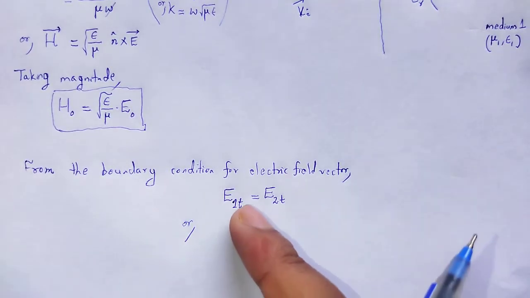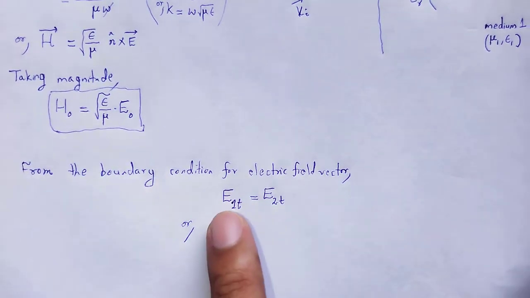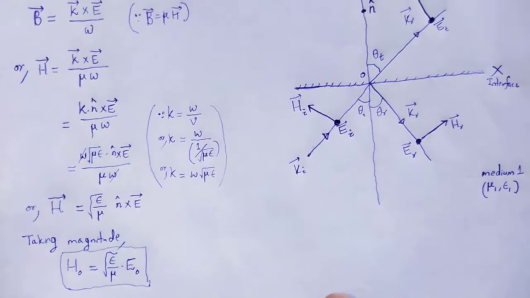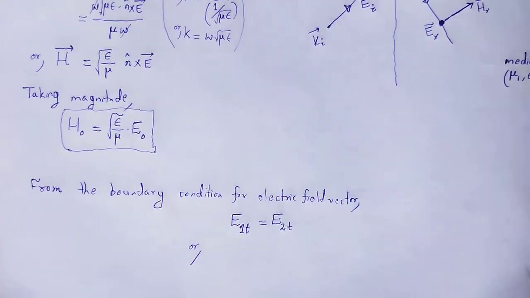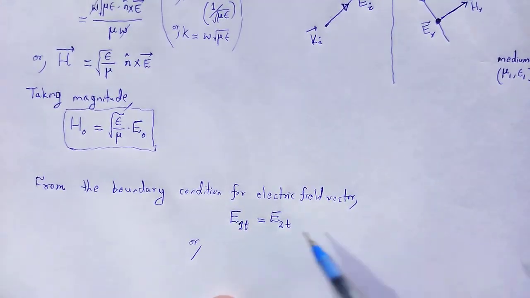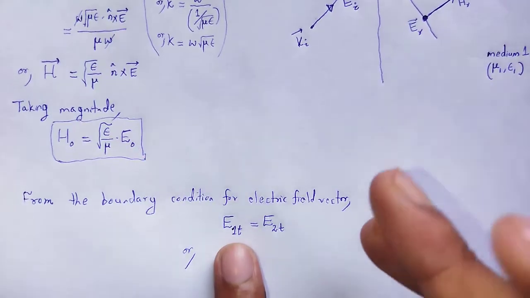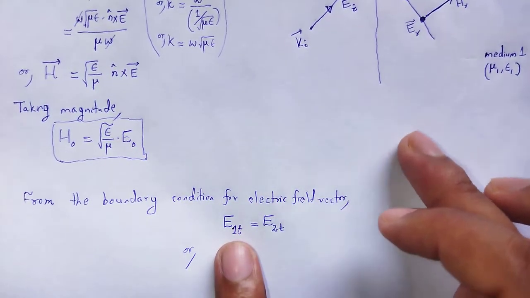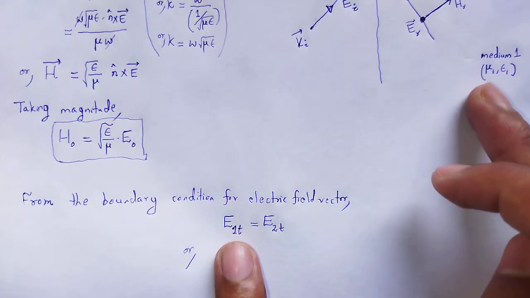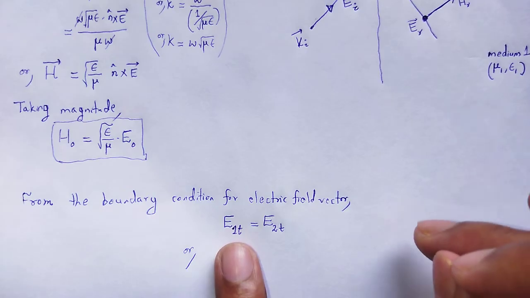What is the tangential component of the electric field in medium 1? As we consider only the magnitude parts, we write the expression for the E vector as E naught e to the power i(k dot r minus omega t).